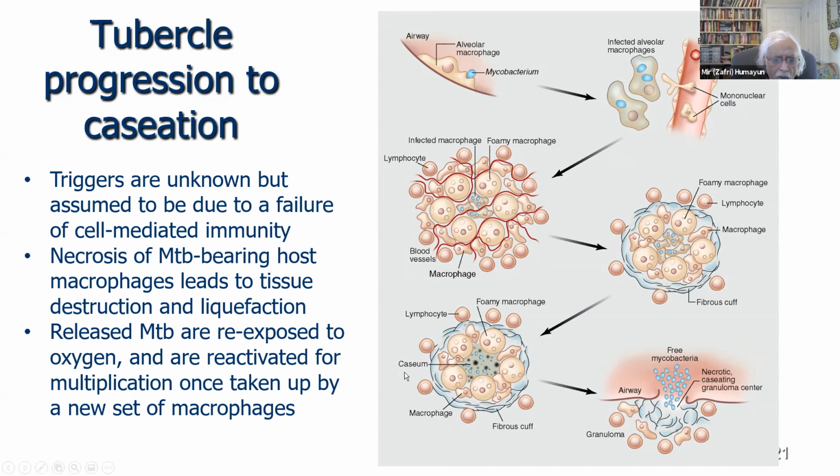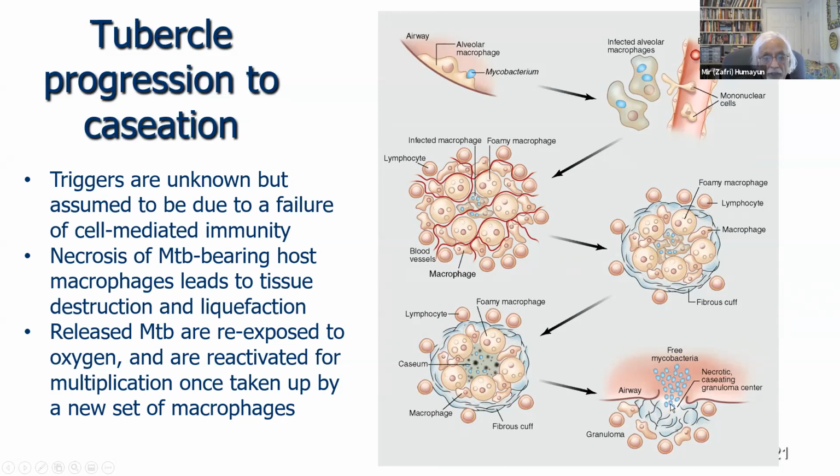So, whatever the trigger is, the first step is that the macrophage die off and the center of the granuloma becomes liquefied. This is a phenomenon that's called caseation because of its resemblance to a cheese-like mass. Once caseation forms, eventually the granuloma falls apart and the MTB are released.